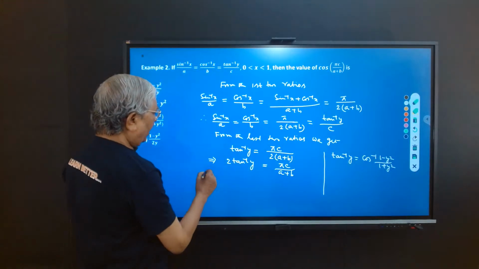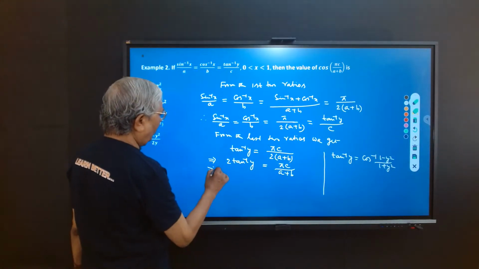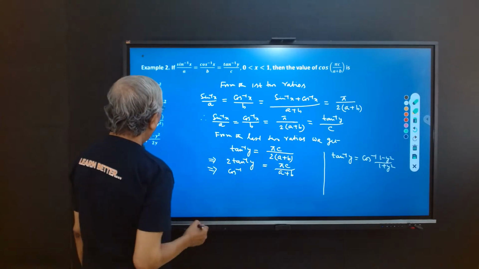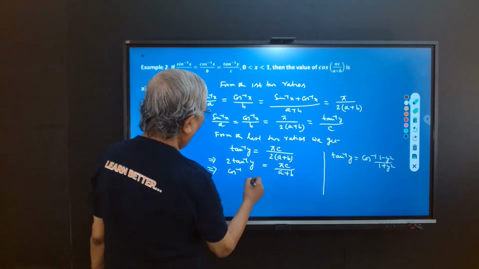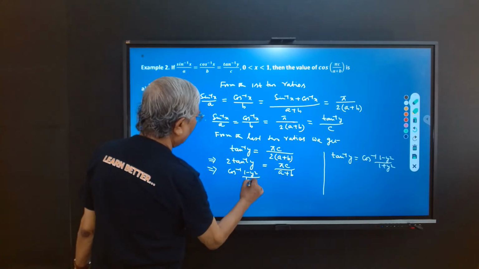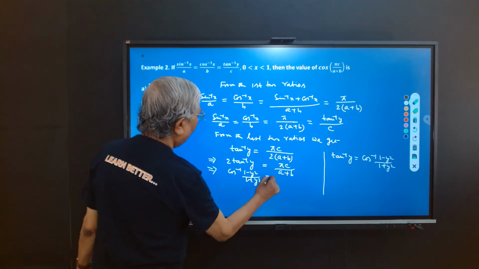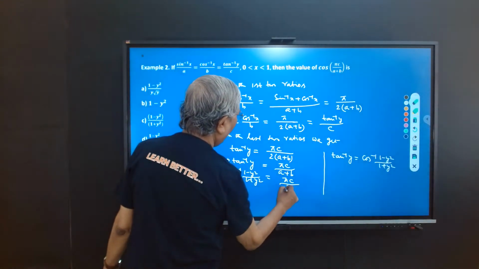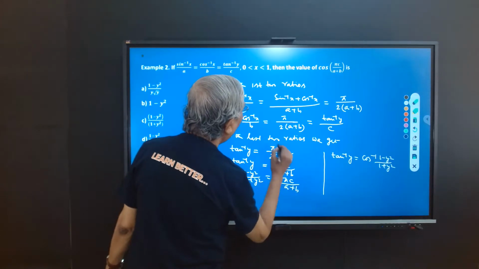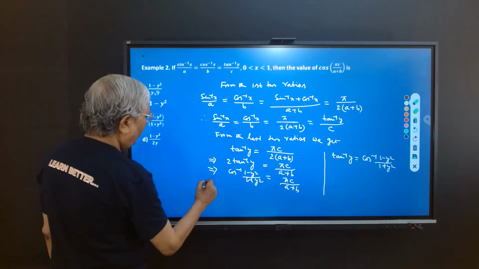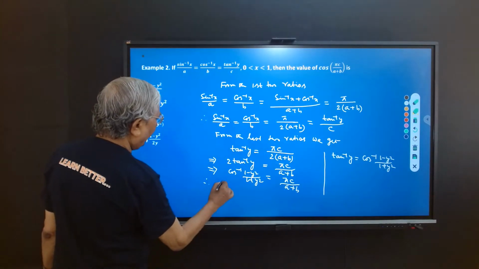Now this will imply 2 tan inverse y, that is cos inverse of 1 minus y square by 1 plus y square, equals pi C by A plus B. Now what do we want?